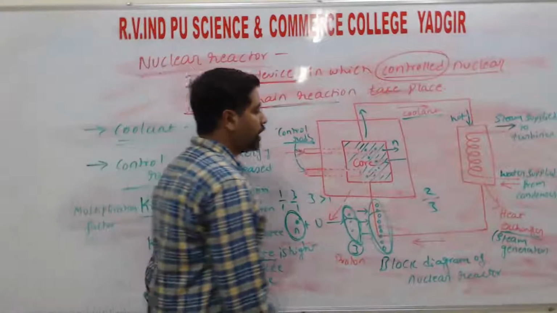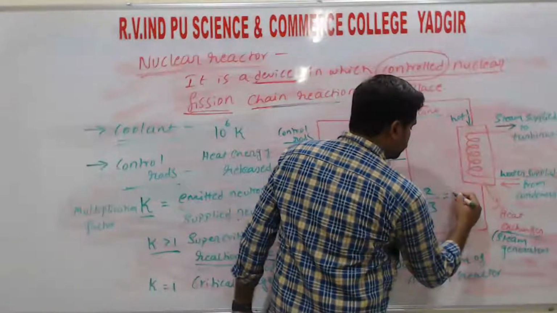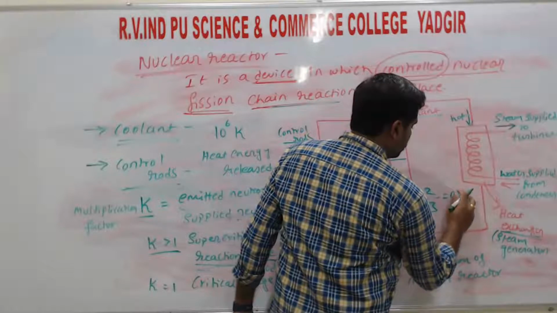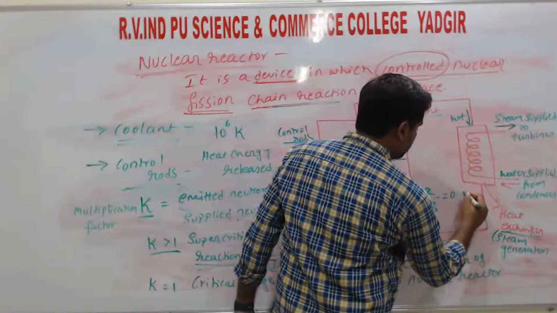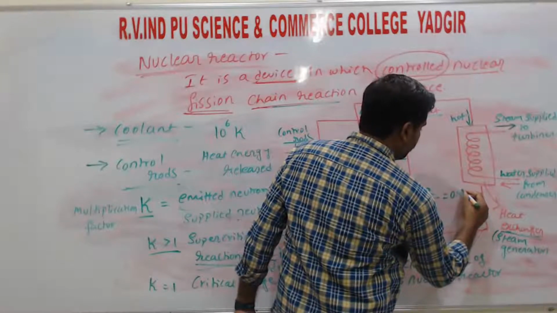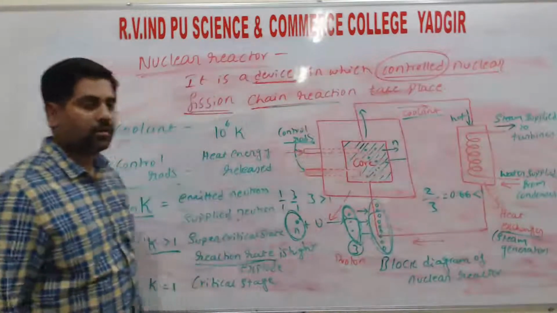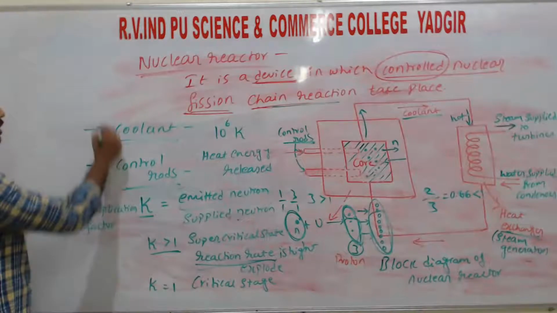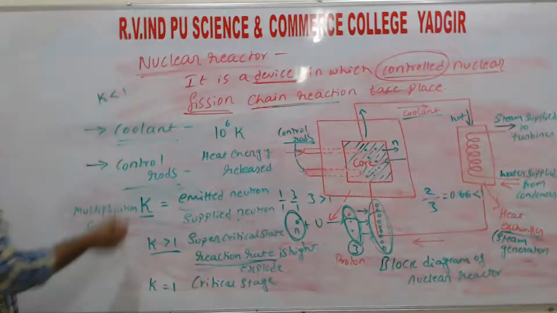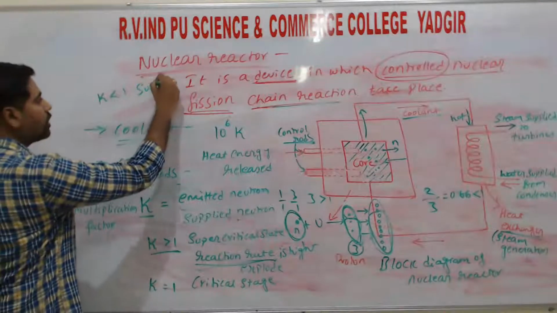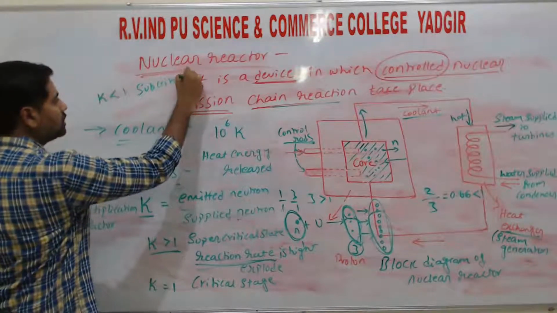That is 2 divided by 3, almost equal to 0.6, right? So this one is less than 1, right? So the third case is when K is less than 1. This stage we call the subcritical stage.